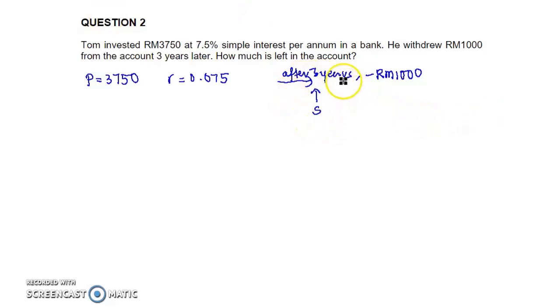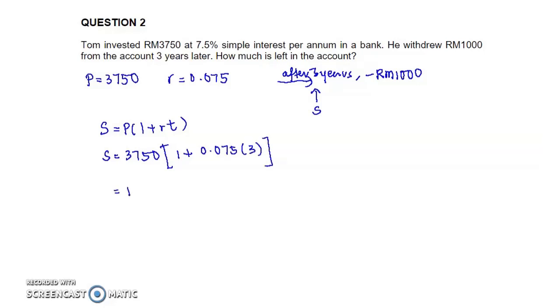In this question, we need to find the simple amount after 3 years first. So S equal to P(1 + RT). Substitute the values: P 3750, rate 7.5%, T 3 years already in here. When you calculate this one, you will get 4,593 ringgit 75 cents.